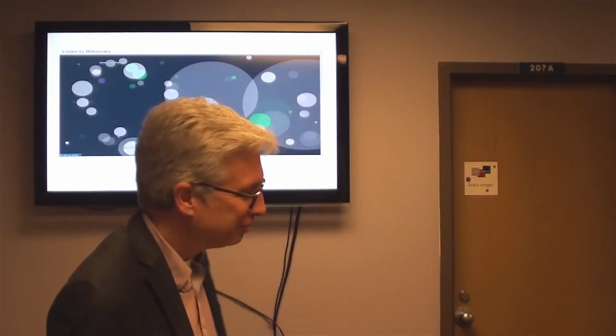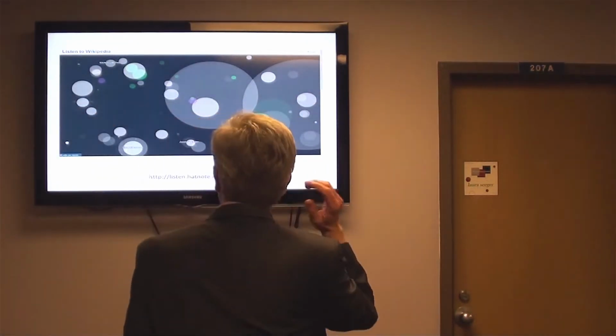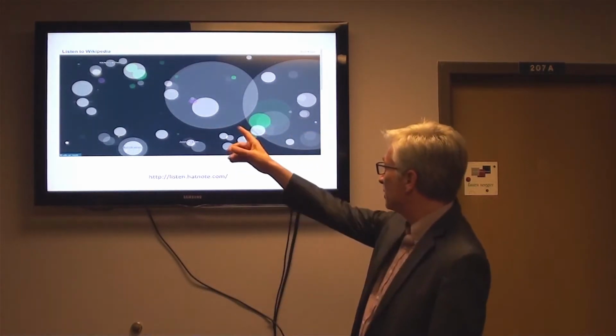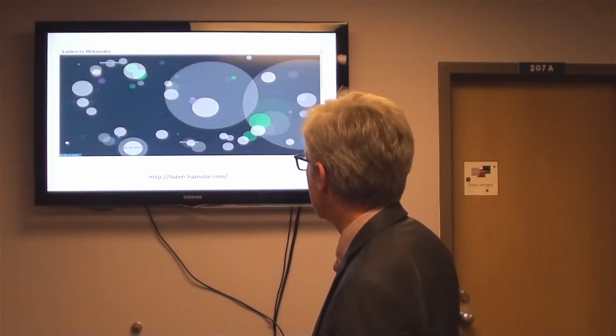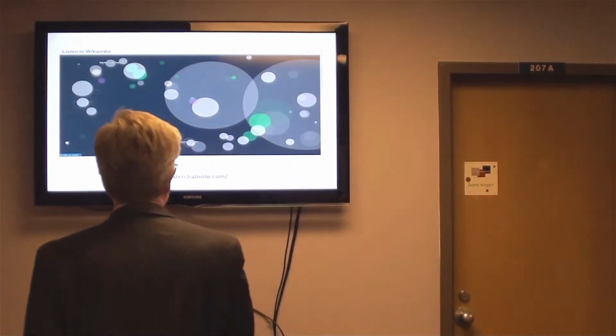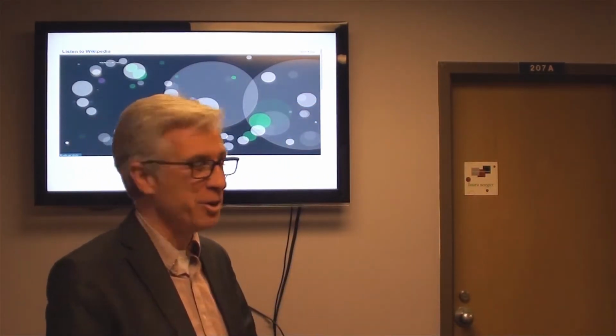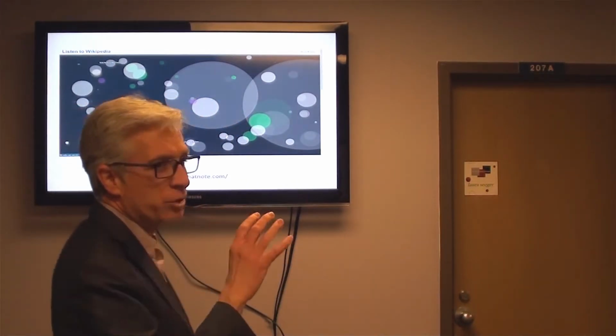Let me give you a little background to this. This is called Listen to Wikipedia, and we're going to do it here in just a second. What I'm about ready to demonstrate for you is this site that turns Wikipedia edits into a visualization, but also a kind of soundscape as well.